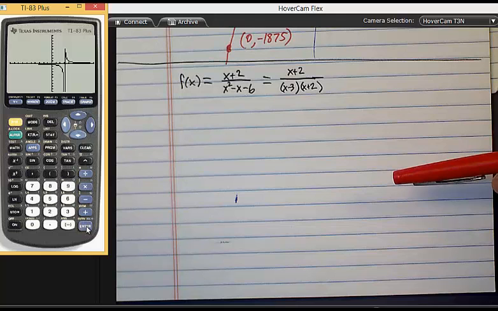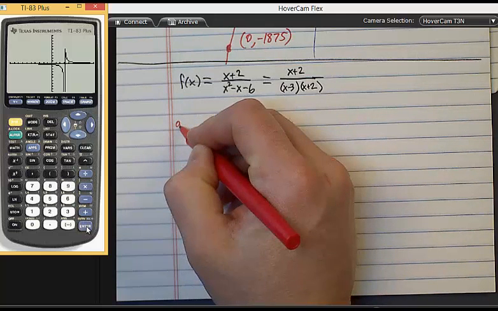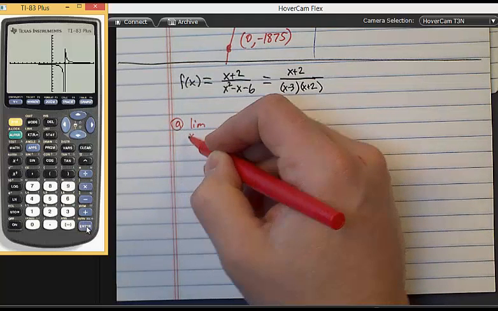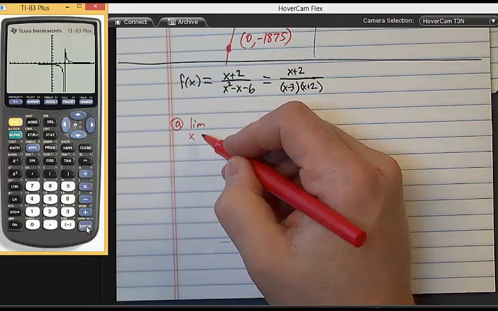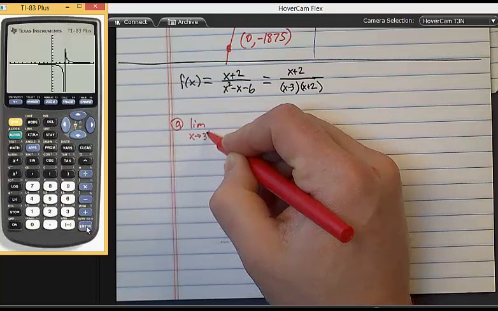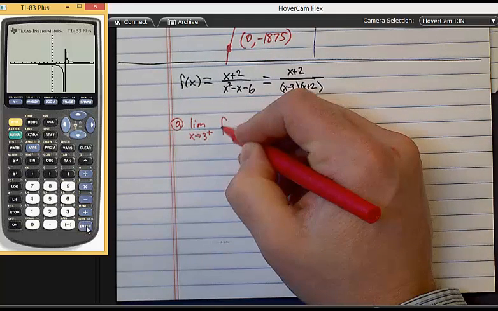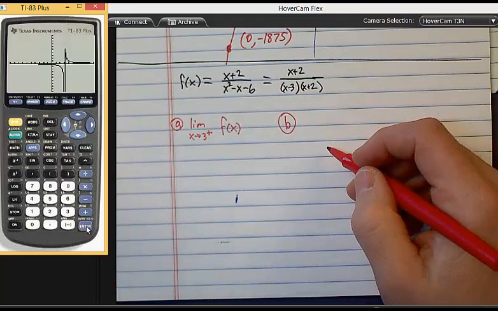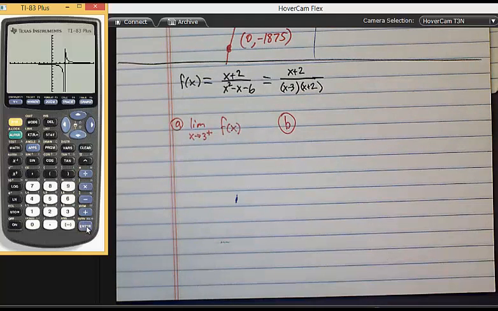Okay? So as I look at this problem, there's three parts. Part A, the limit as x approaches 3 from the positive side of f of x. Oh, no, wait a minute. Part A is the negative side. Sorry about that.